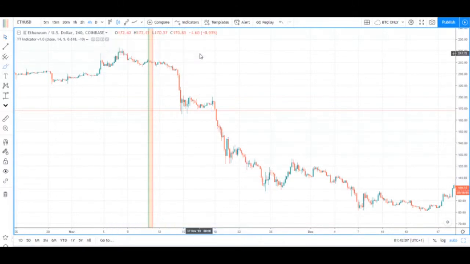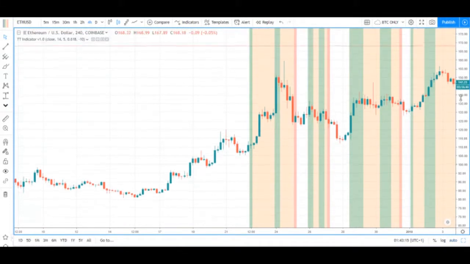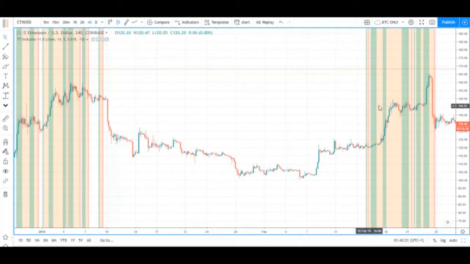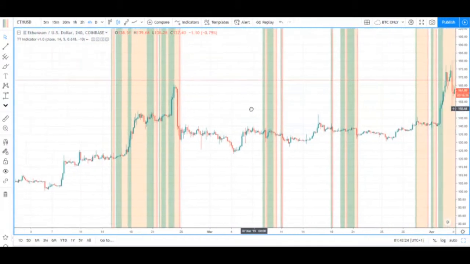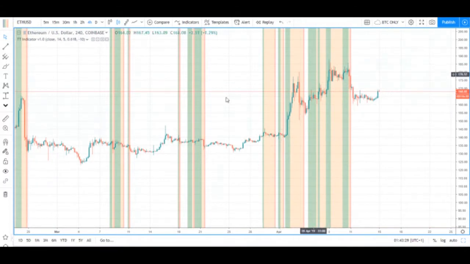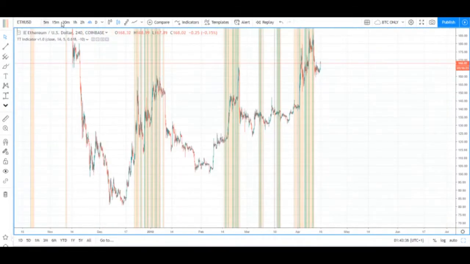And then eventually we start getting a good series of green and red. So this is the 4 hour look of Ethereum. A couple of false starts here again, and then we do get another up move, as we have done since December, really.